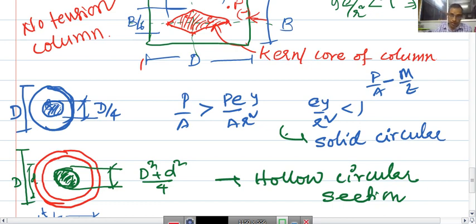Now we are also interested that the maximum tensile stress should not occur, that means the stress F should always be greater than or equal to 0. That means P by A should always be greater than M by Z. So this is the condition for the core, kern of a section.